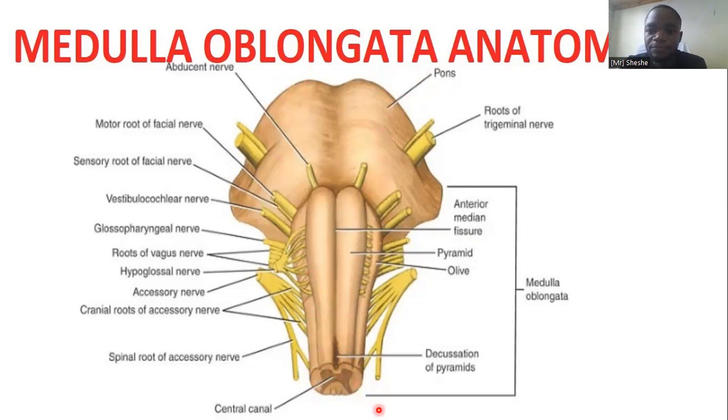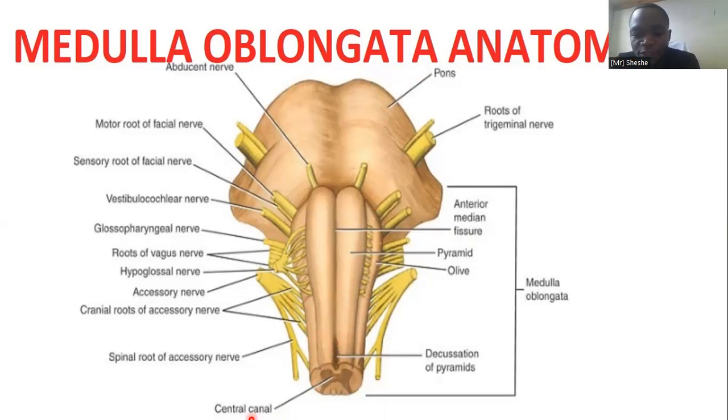Okay, so most nerves from the spinal cord, as they are climbing up to the brain, when they reach the medulla oblongata, cross to the other side. Same with motor nerves that are descending from the cerebrum, going to the spinal cord. When they reach the medulla oblongata, at this level, they will decussate and jump to the other side.